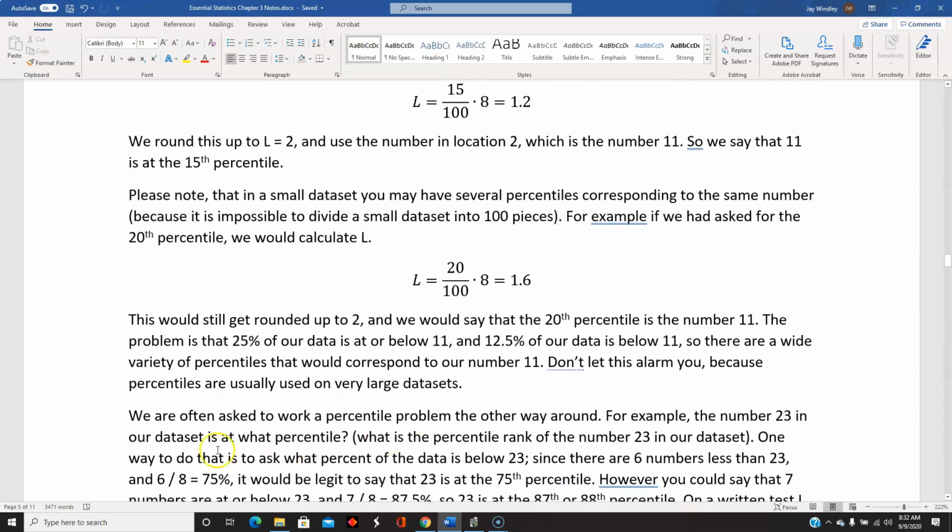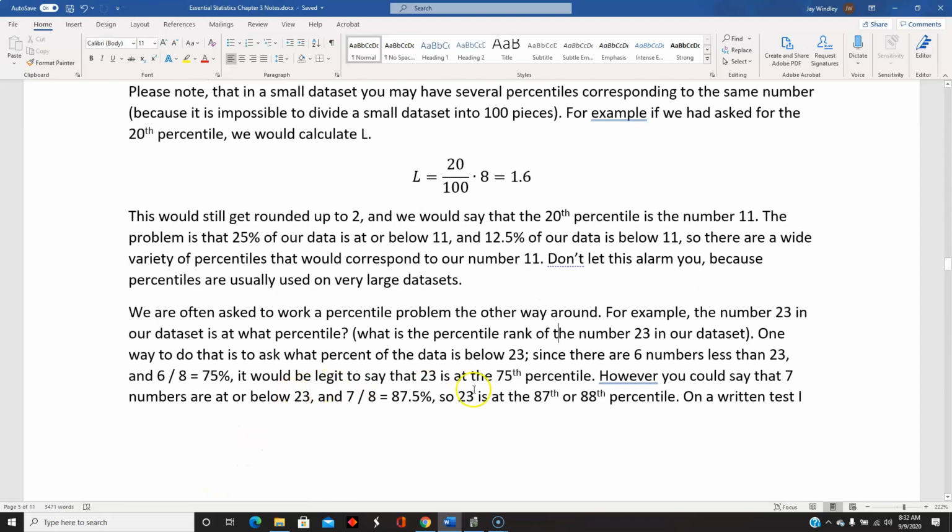So if you ask what percent of the data is below 23, there's 6 numbers less than 23, which is 75% of the data. So it's completely legit to say that 23 is at the 75th percentile because 75% of the data is below 23.